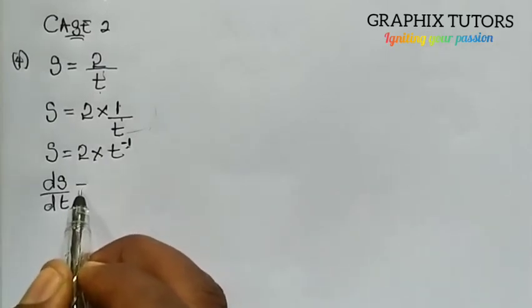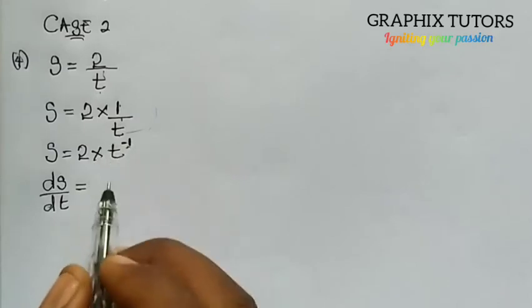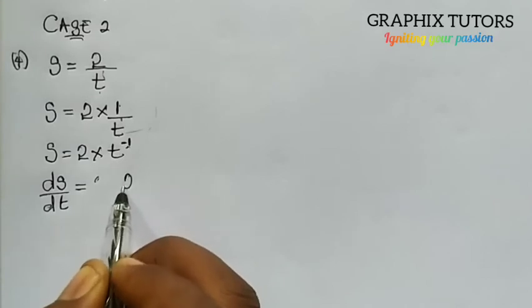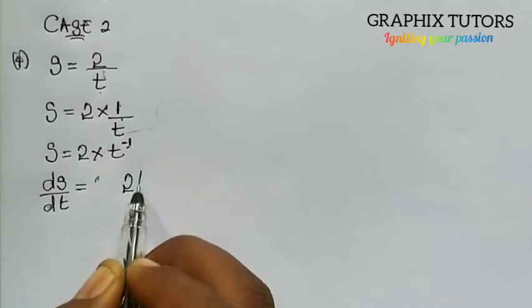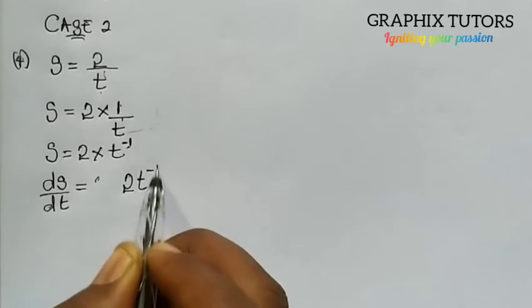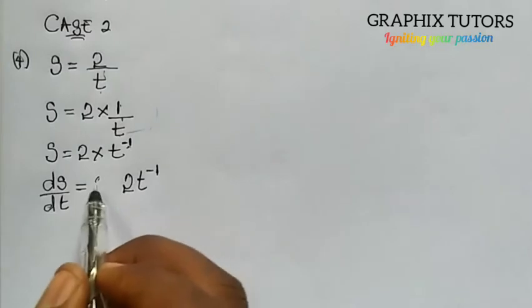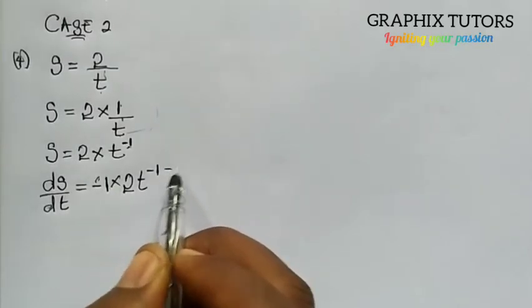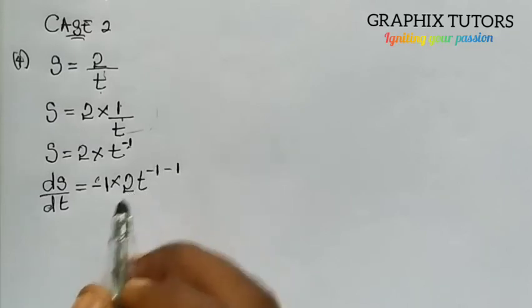This will give me, I'm focusing on the variable and the power here. So my 2, I'll just write it this way, my 2t to the power of minus 1, since I'm saying 2 times t is power minus 1, right? So the minus 1 will come in front of it to multiply the 2, then I'll subtract 1 from it. Once it comes down, you subtract 1 from it, right?